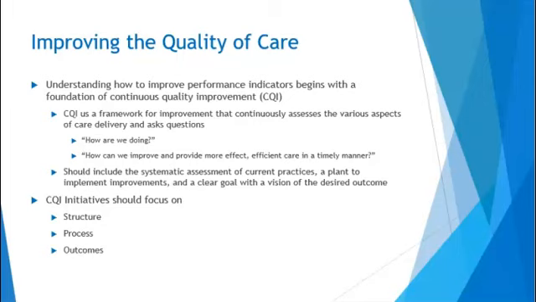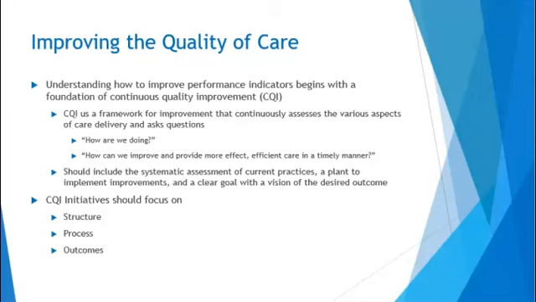What can we do to do this better? How can we be more efficient? And how can we do this in a more timely manner? This should include the systematic assessment of current practices, a plan to implement improvements, and a clear goal with a vision of the desired outcome.